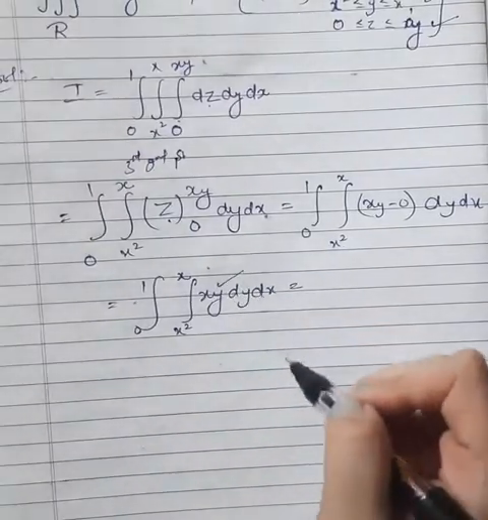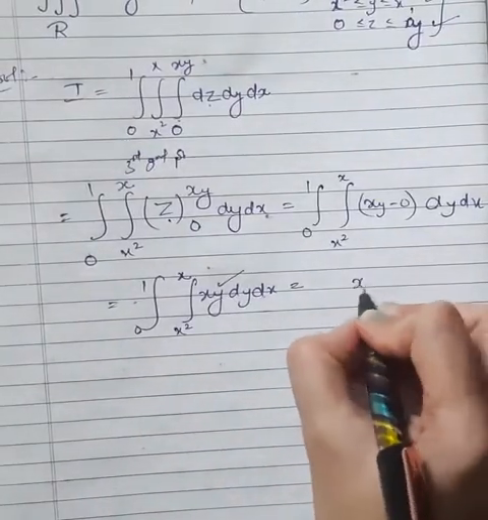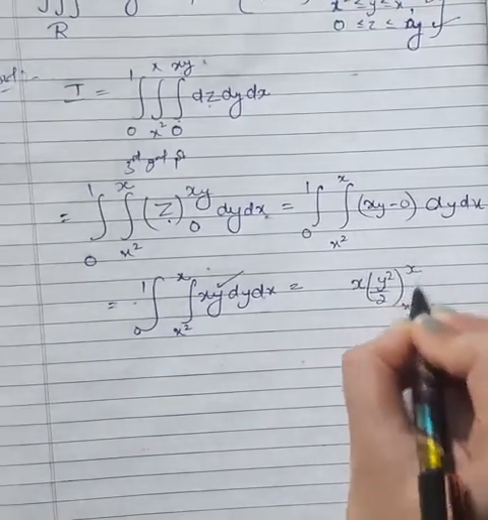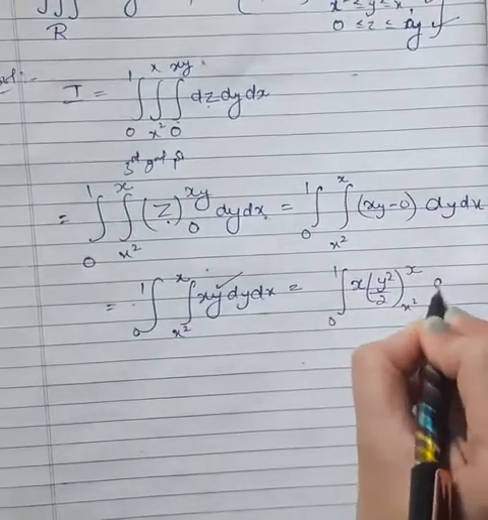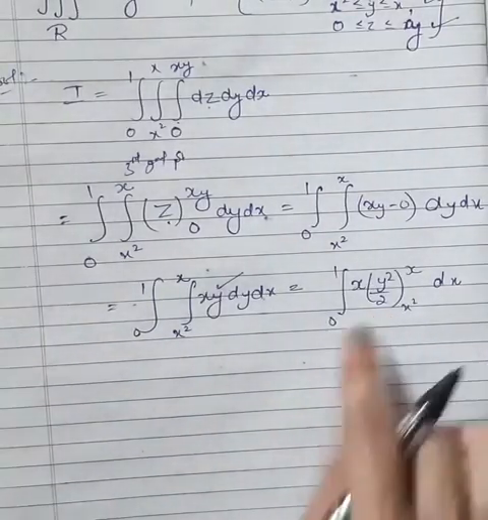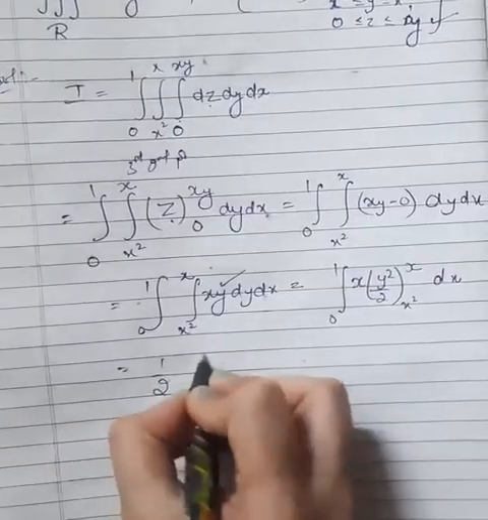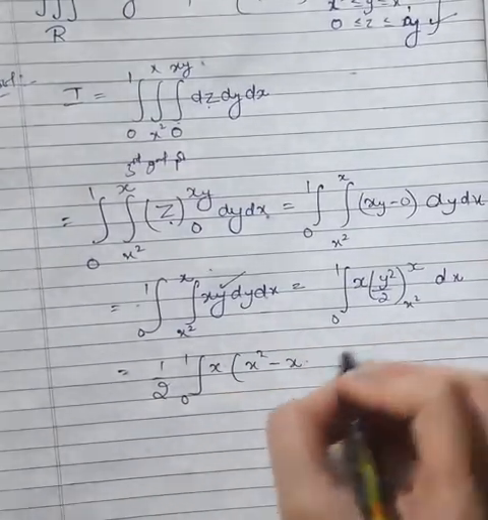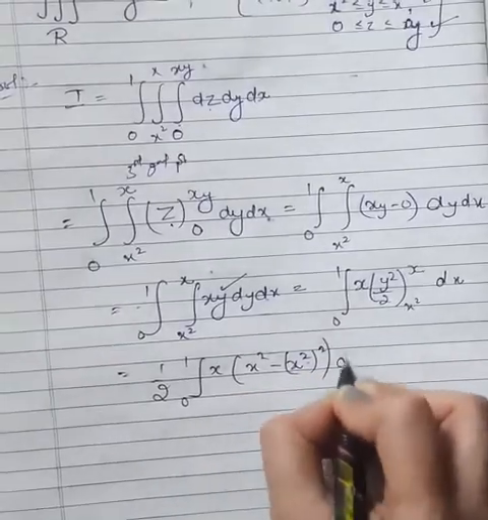Now integration of y is y square by 2, so this is x into y square by 2, upper limit, lower limit, then integral with respect to x. I am going to take this 2 outside, 1 by 2, integration 0 to 1, upper limit minus lower limit.